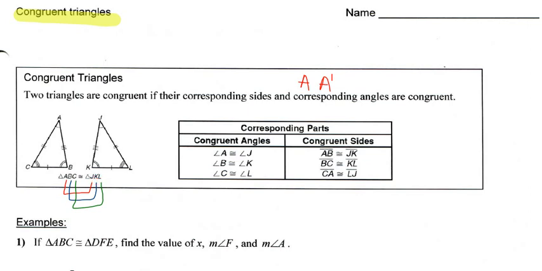So AB corresponds to JK, which is what we have here. AB congruent to JK, and so on. So by the way that is named here, you will know what parts are corresponding and therefore congruent. With that, we're going to do our examples.